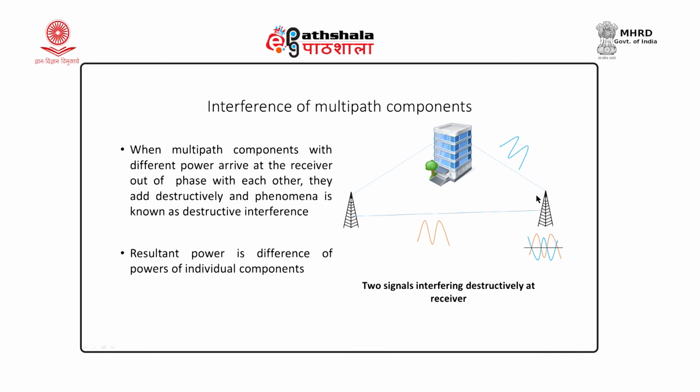The two interfered at the receiver out of phase, and the result is destructive interference. Their powers got cancelled out and you almost got nothing at the receiver. Actually, the power received is the difference of the powers or the amplitudes of the two individual components, but if the amplitudes of the two signals are equal to each other, they will cancel each other out when they interfere destructively.